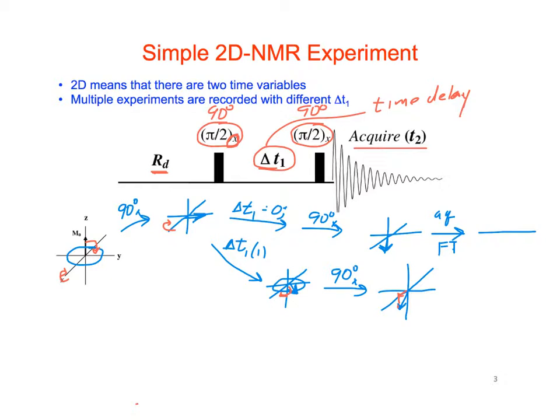Okay? So that means that our signal, after we do our acquisition and our Fourier transform, is going to be some signal like this.